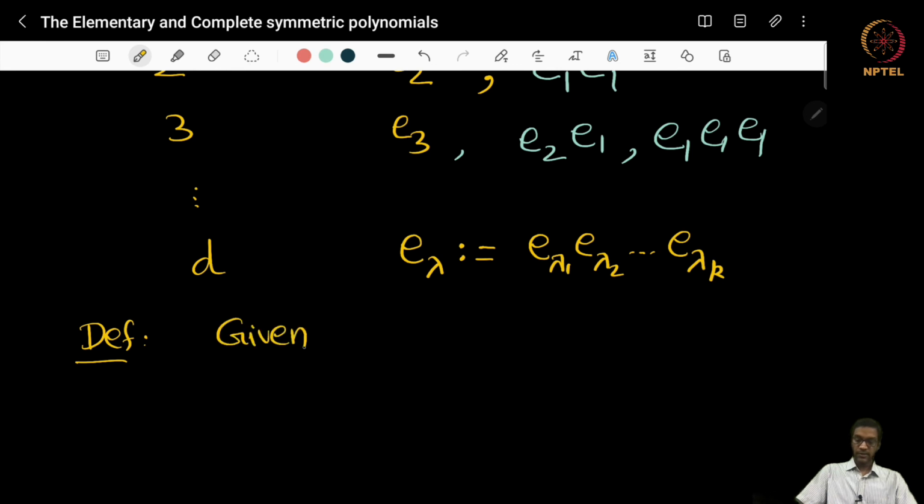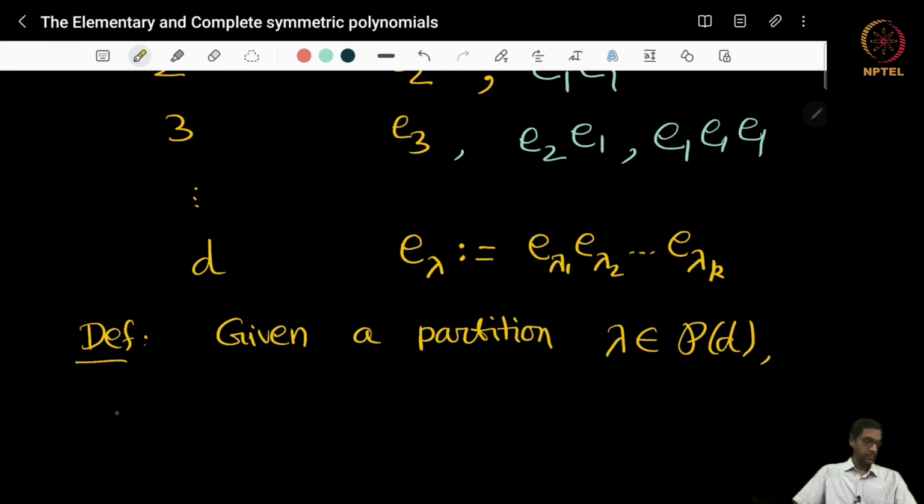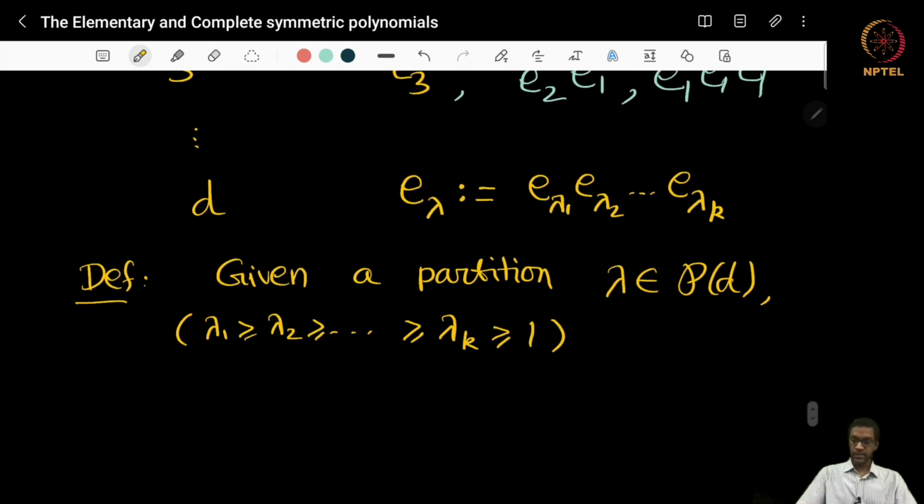Given a partition lambda of d, so remember, partition of course means lambda 1 greater than or equal to lambda 2, and so on. It has some k non-zero parts.